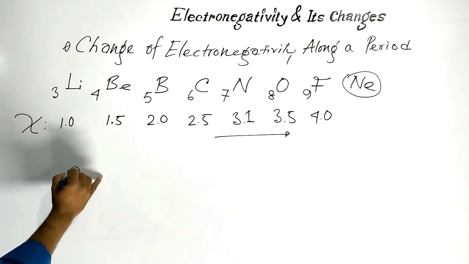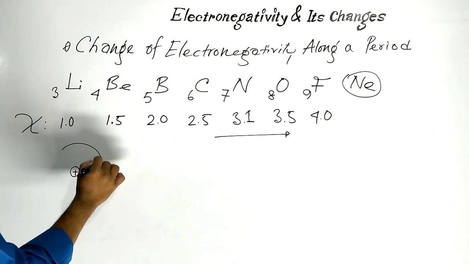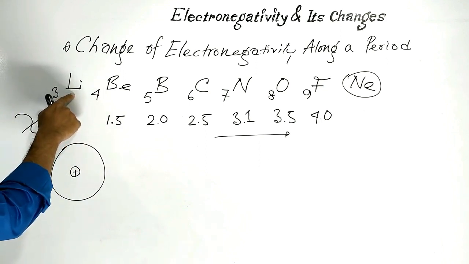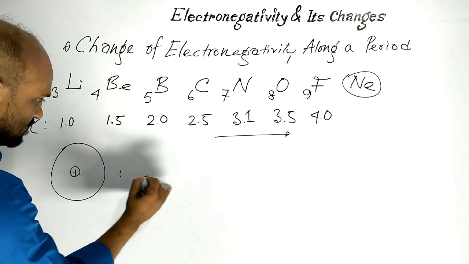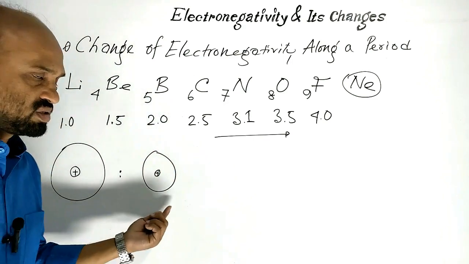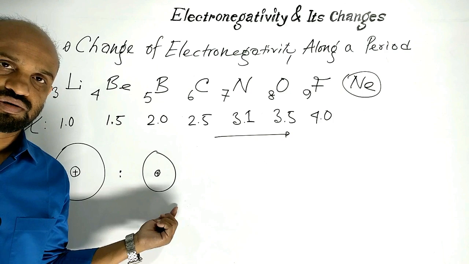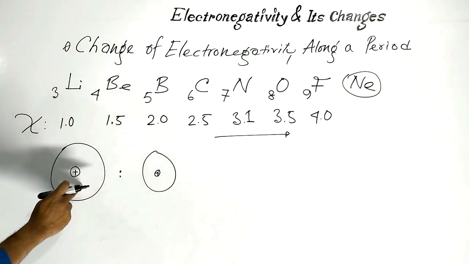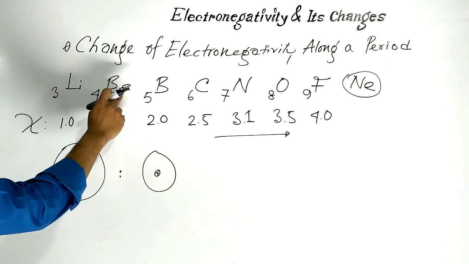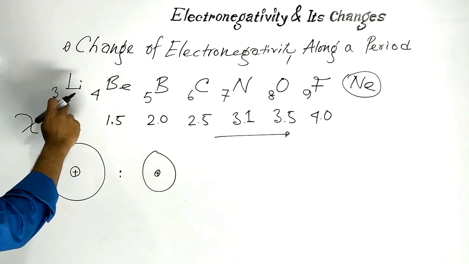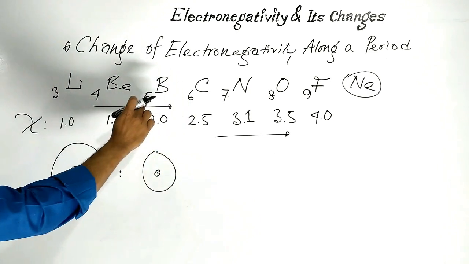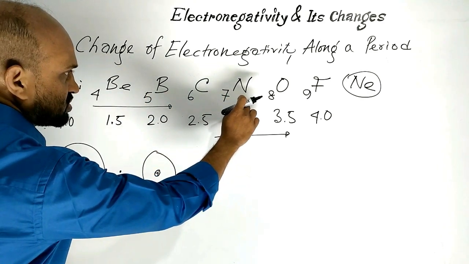Let's see here. Suppose this is an atom of an element of the second period. Here, this is another atom from another period. About this atom of any element of the second period, if we go from left to right, then we see the atomic number increases.